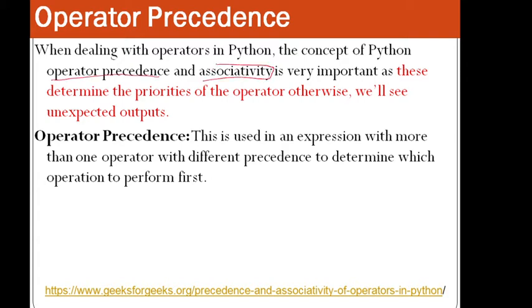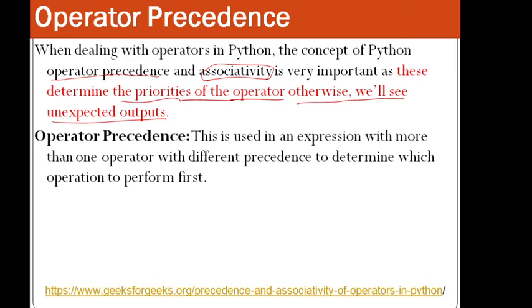This is a very important concept that I'll be coming to now, as these determine the priorities of the operators. I have already told you that we will see unexpected results if you are not aware of the operator precedence and you are solving it in your own way.